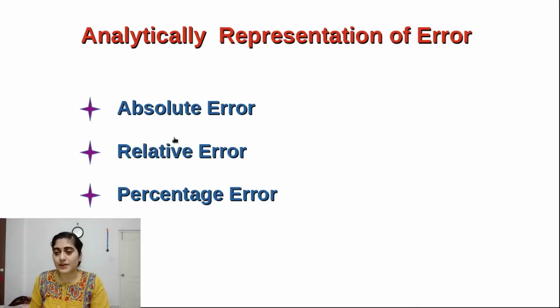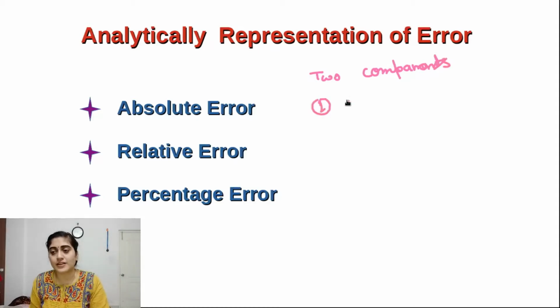Because, for example, if I am telling you there are two components, okay? The first one has 2 centimeter of error and another one also has 2 centimeter of error.